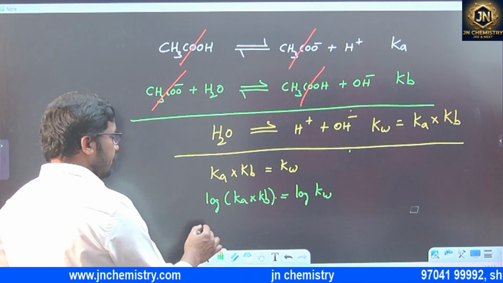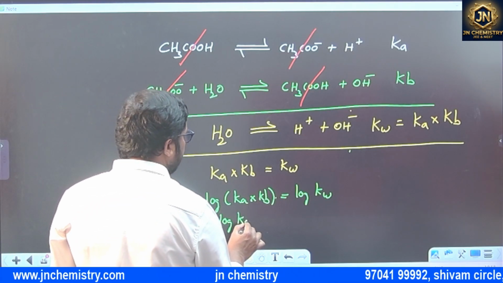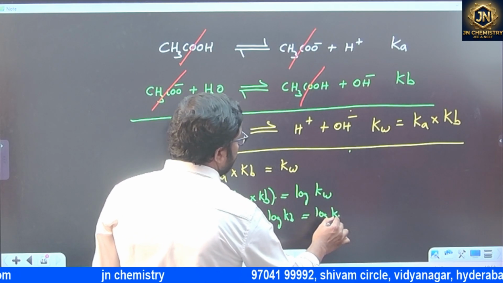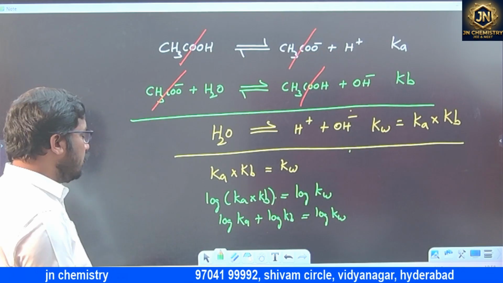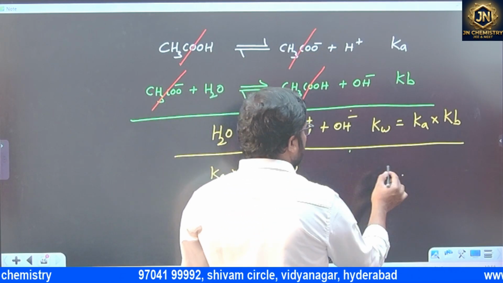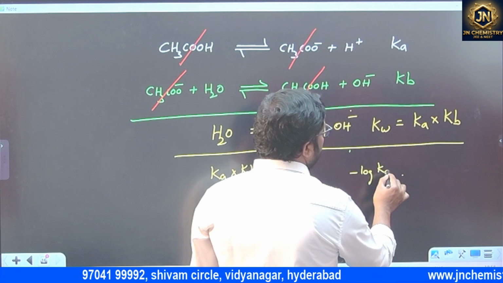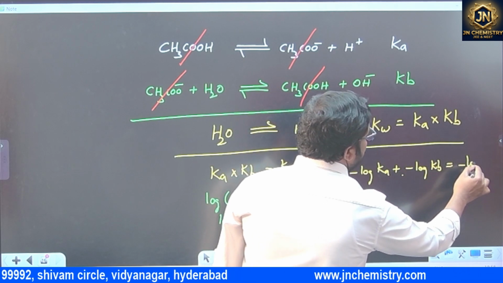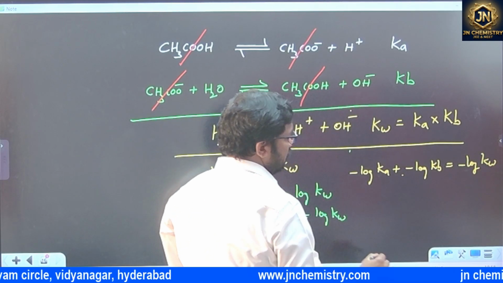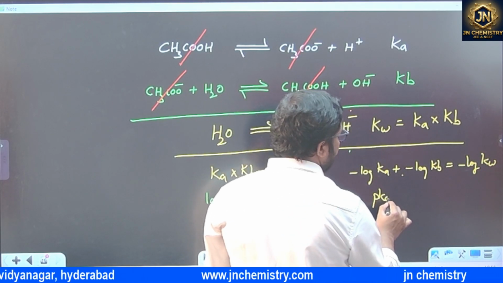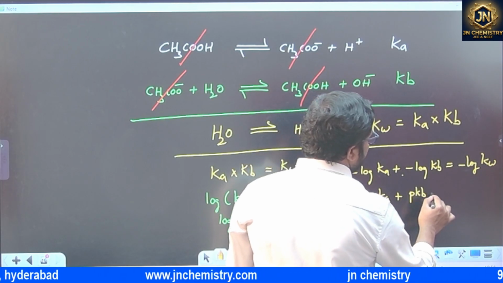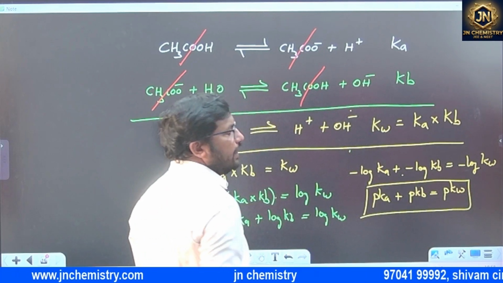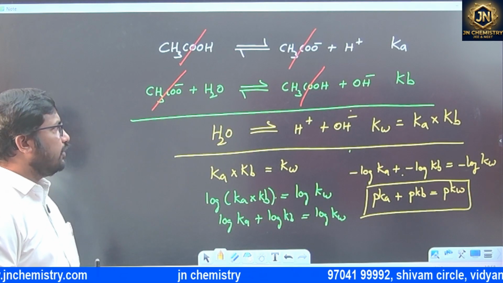So log Ka plus log Kb equals log Kw. Multiply with negative: minus log Ka plus minus log Kb is equal to minus log Kw. So nothing but pKa plus pKb is equal to pKw. Write it down.